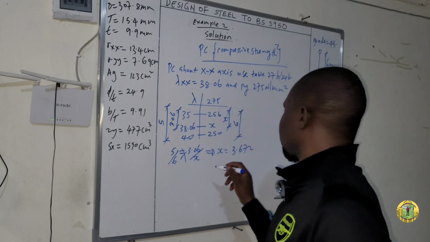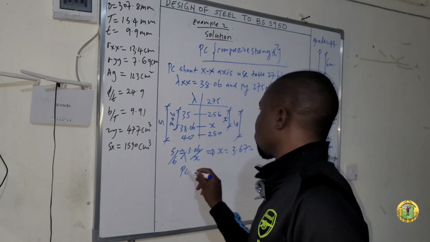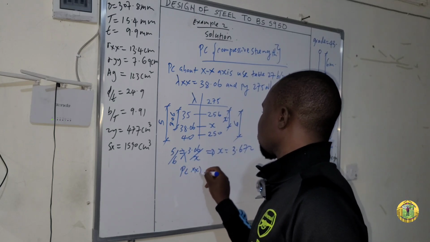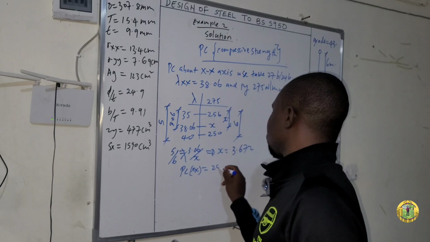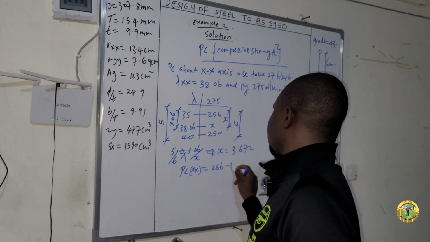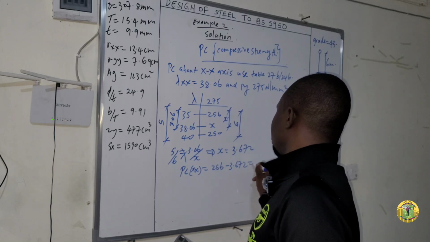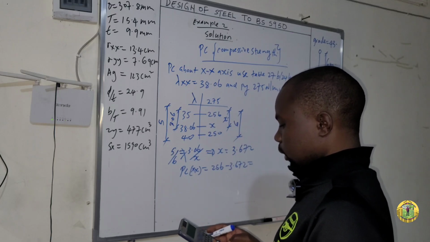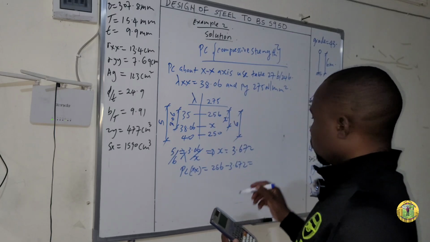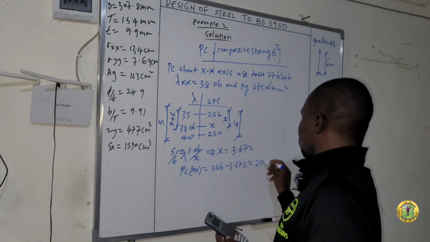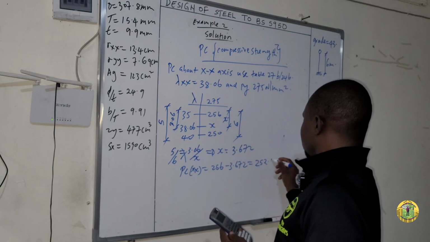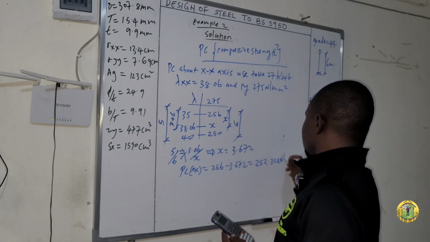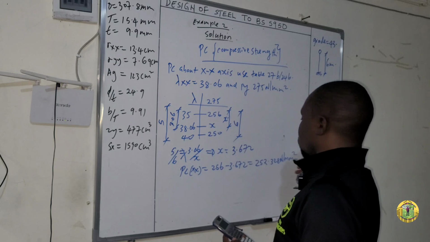So again, you will say PC about xx is equal to 256 minus 3.672, which is equal to 252.328 Newton per millimeter square.